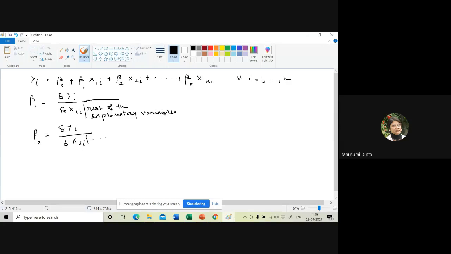It is explaining the relation between yi and x1i given the rest, or yi and xki given the rest. So in this way, the notion of partial correlation in the context of regression analysis is very, very important in the sense that these are actually related to the idea of regression coefficients. These are related to the definition of the regression coefficients.